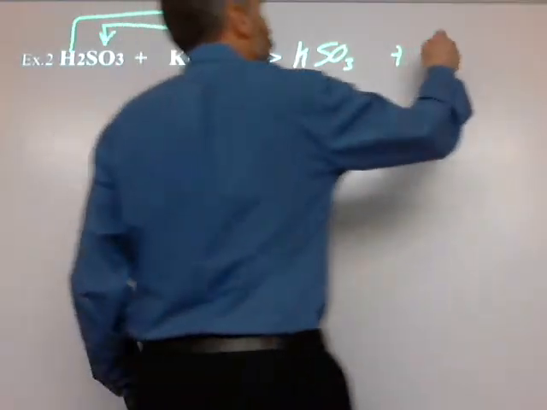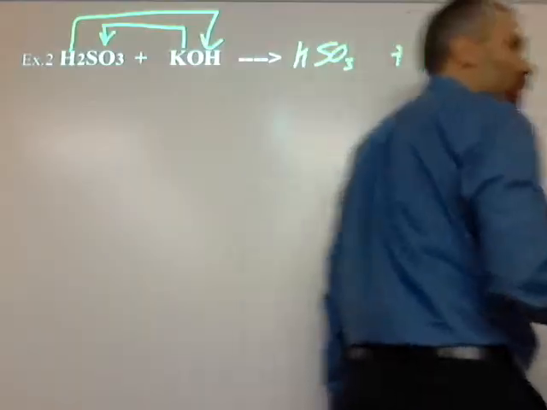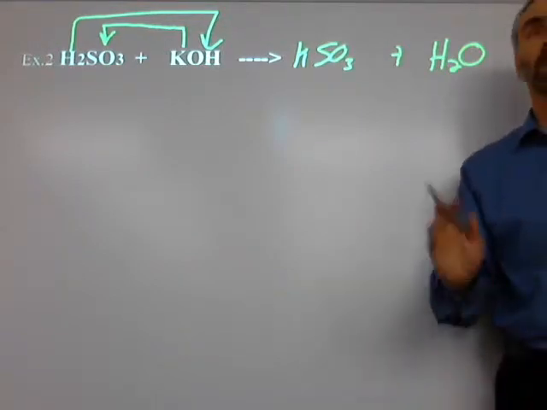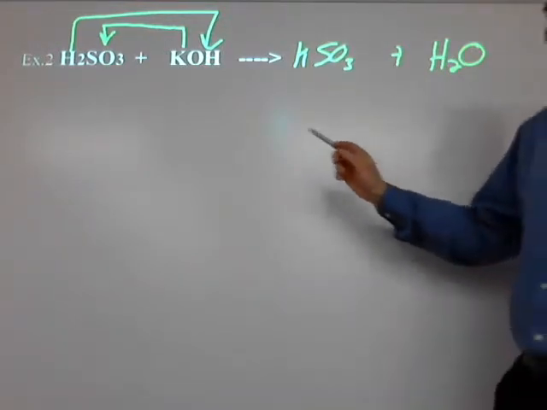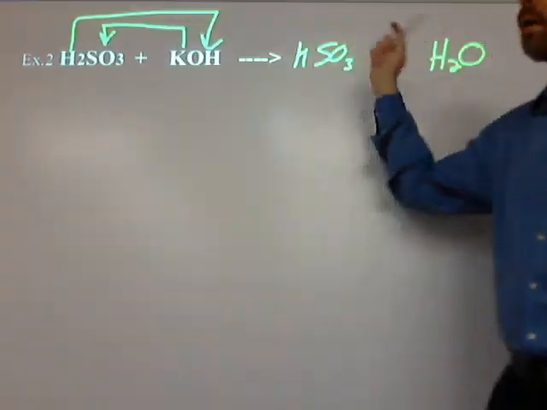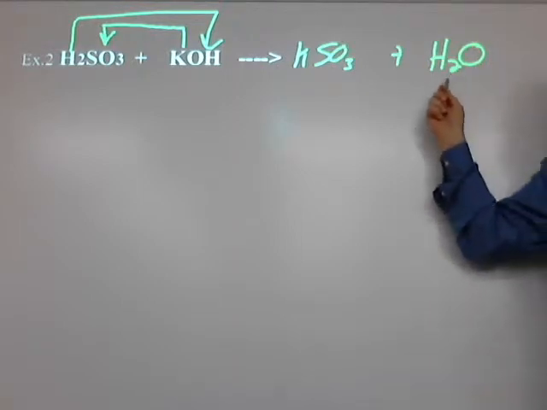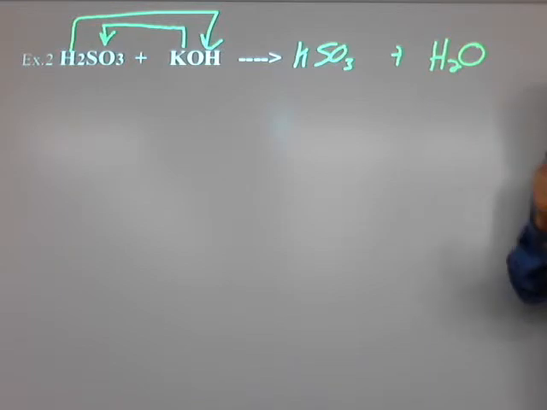Water is formed in every neutralization reaction. So all of you are about to stop me and say, but wait a minute, that doesn't make any sense, because now I've got too many H's over there. And what do we do in that case? We balance the equation. We don't rewrite the formula for water because we want it to be different this time. That's what you will do on the test.